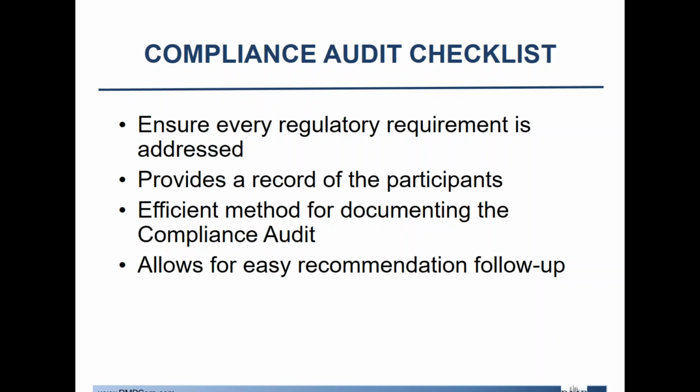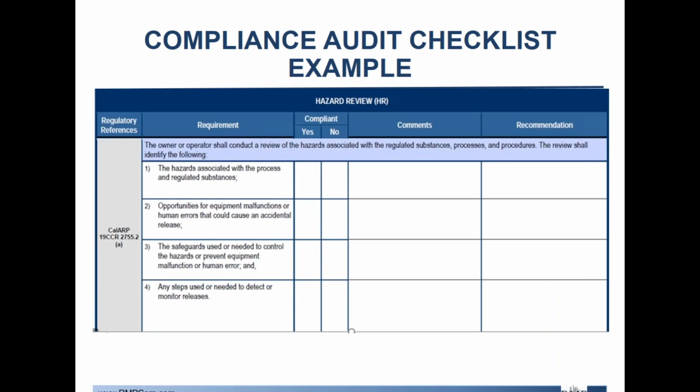It's a very efficient method for documenting a compliance audit, and allows for easy recommendation follow-up. This is a compliance audit checklist that we commonly use here, but you can develop your own. It's just a matter of copying the regulations onto a checklist. It shouldn't be too difficult.